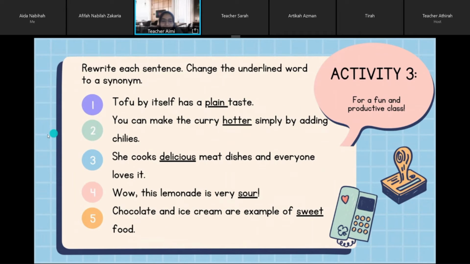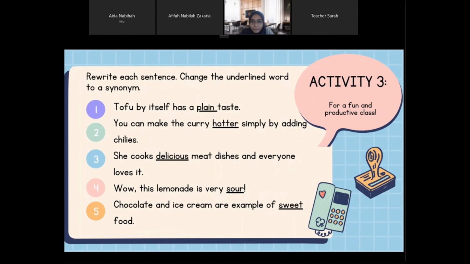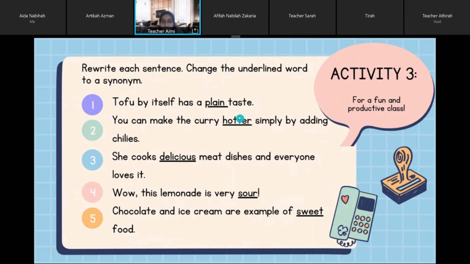Second question: you can make the curry hotter simply by adding chilies. What word can we replace hotter with? The answer is spicy. Yes, correct. So you can make the curry spicier simply by adding chilies.